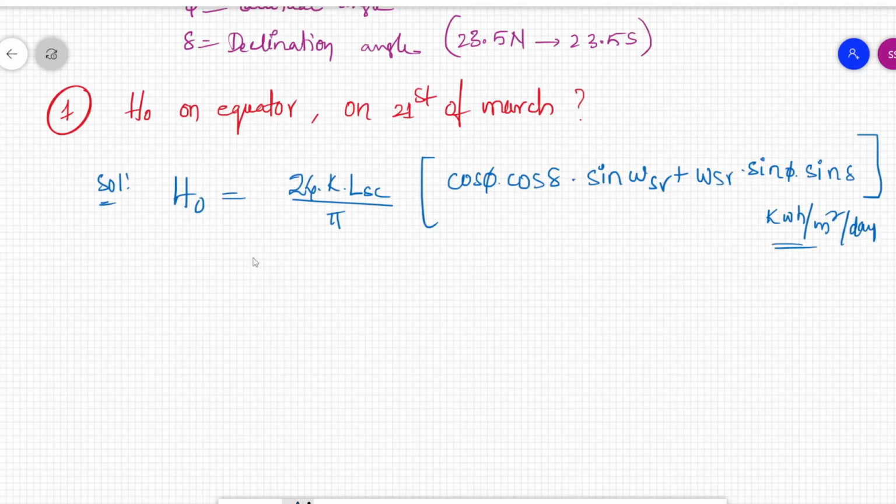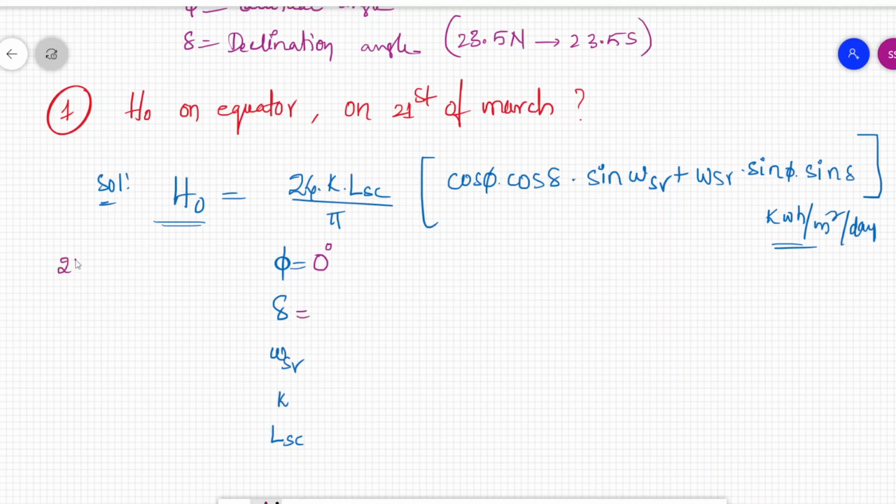Now we need to find the values of the parameters pi, delta (the declination angle), omega SR, K and LSC, to substitute in this expression for incident energy. So what is pi on the equator? On the equator it is 0 degrees. And what is delta on 21st March?